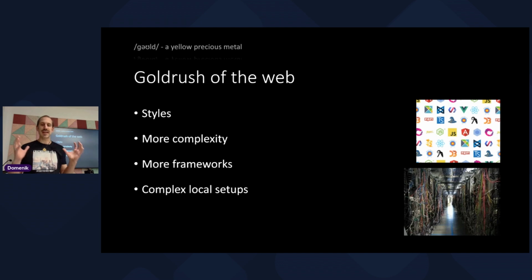And we needed complex local setups to wire all those complex things together. So a lot of tools come from that gold rush of the web, which we're, I think, currently towards the end of maybe, where we're slowly working towards a simpler and slimmer, svelter future of the web.